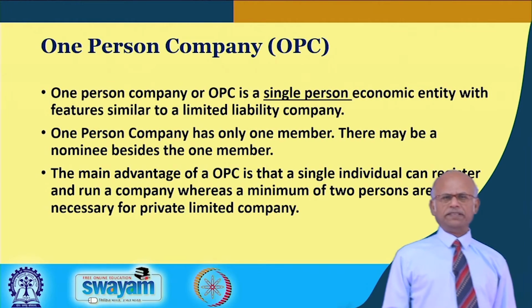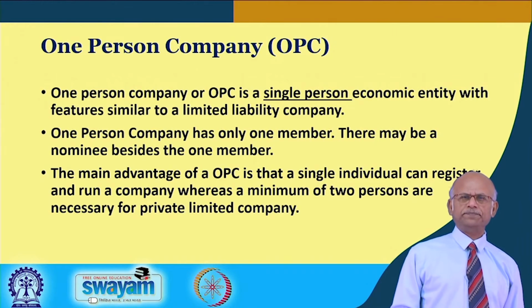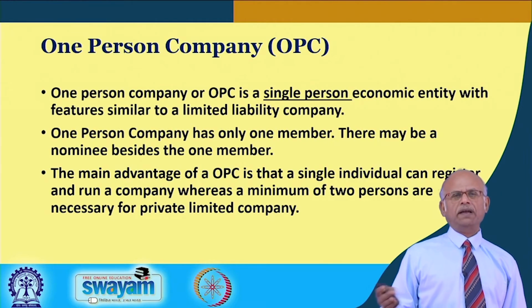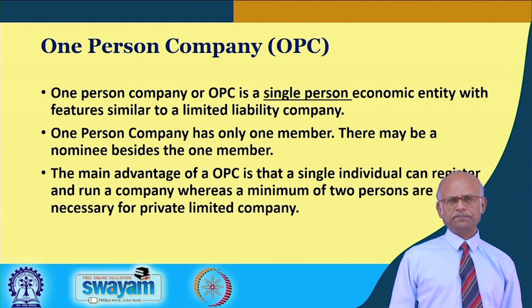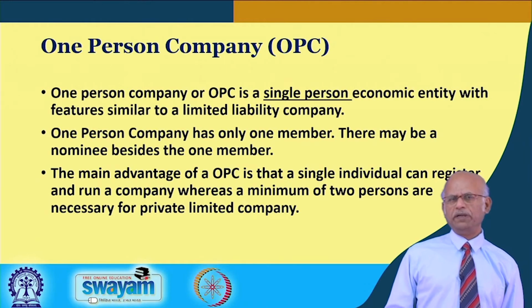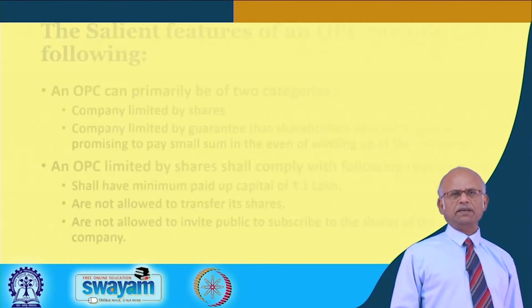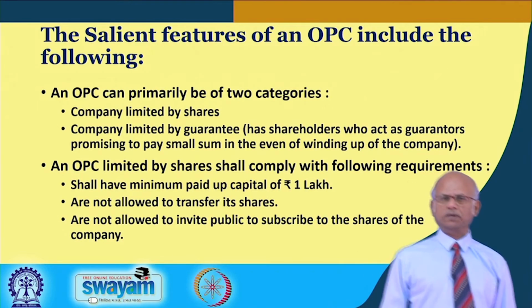The main advantage of a one person company is that one person can register a company, run it, maintain secrecy and reap the benefit that he can bring to the table, unlike a private limited company, where there will be multiple directors, or a limited liability partnership, which also will have more than 2 partners.